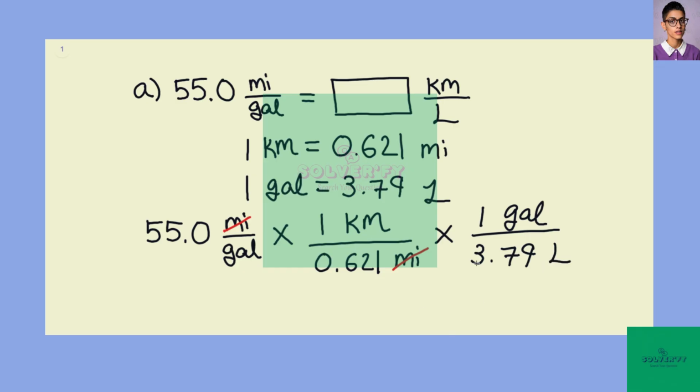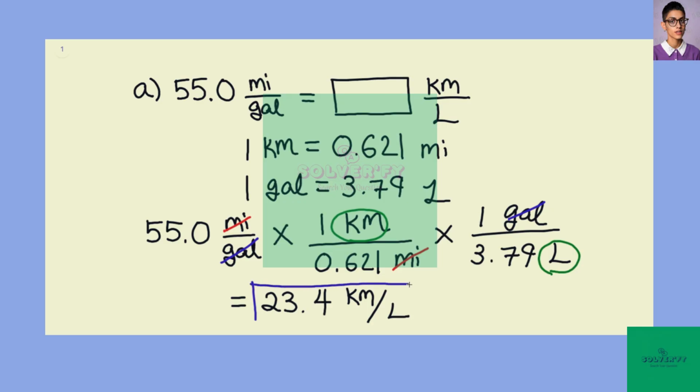So here, my gallons cancel out, and I'm left with some new value in terms of kilometers per liter. So if I plug this into my calculator, I will get 23.4 kilometers per liter. And that is our mileage in terms of kilometers per liter.